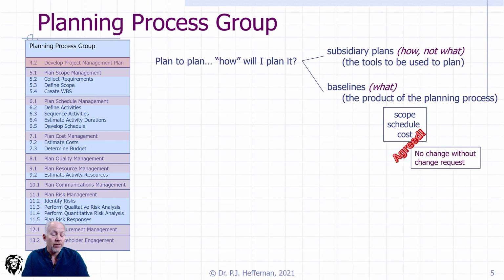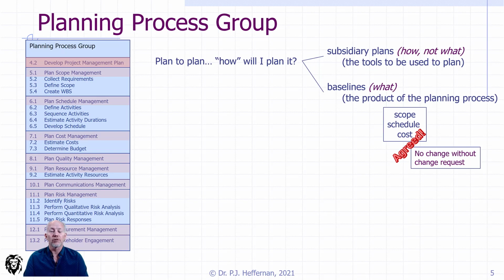Now, it is worth noting, and again, you have to go back to your governance structure and remember all of this is scalable. So depending on what your size of project is and how it's configured within your organization, some of this may apply or not. But typically, once you arrive at your baselines, your scope, schedule, and cost baselines, and they are all agreed to by the various players within your project, so your sponsor, client, if you have one, that type of thing, they become control documents.